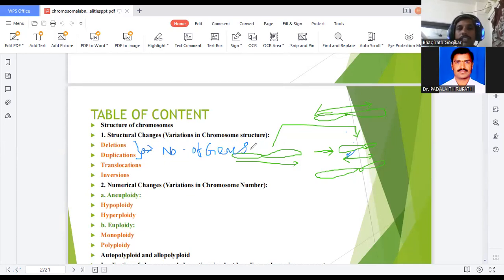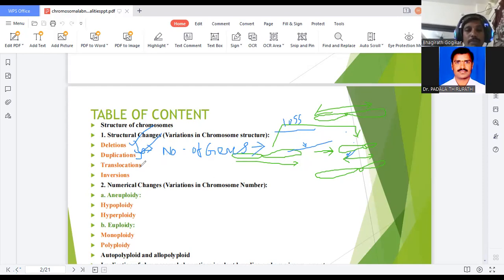Change in the number of genes means that in any chromosome, loss of genes or sometimes addition of genes takes place. Loss means some genes are lost. Another chromosome receives more genes. This kind of change comes under deletion as well as duplication. These two types of chromosomal aberrations involve the number of gene loci.